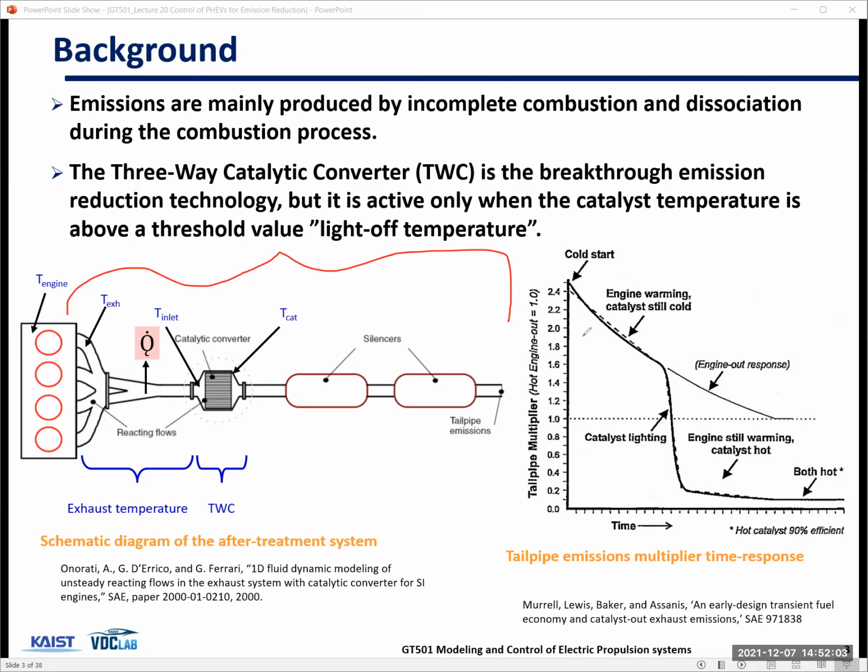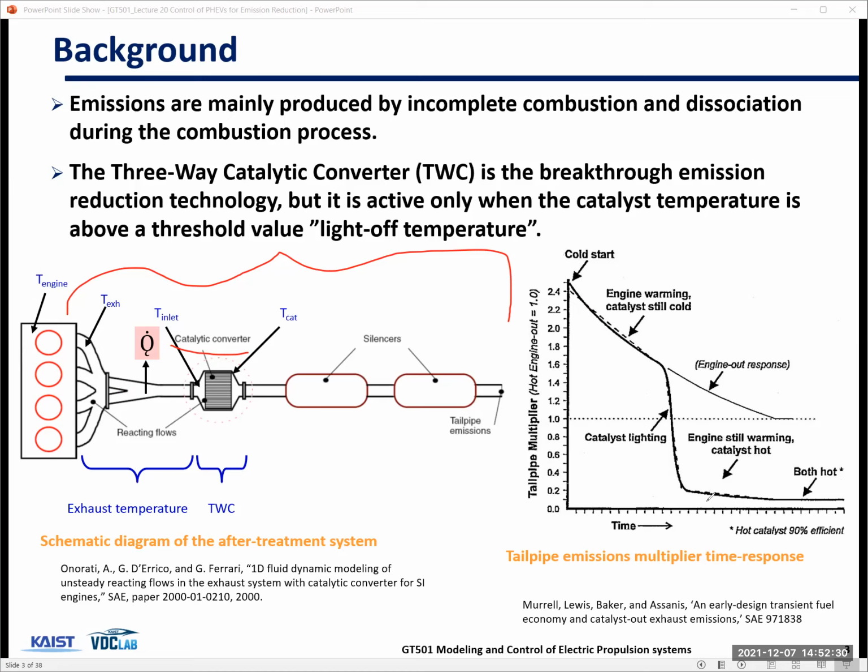You're looking at some dynamic behavior with temperature increase of the engine and converter, and as soon as the converter becomes active, the harmful emissions are converted into safe emissions.